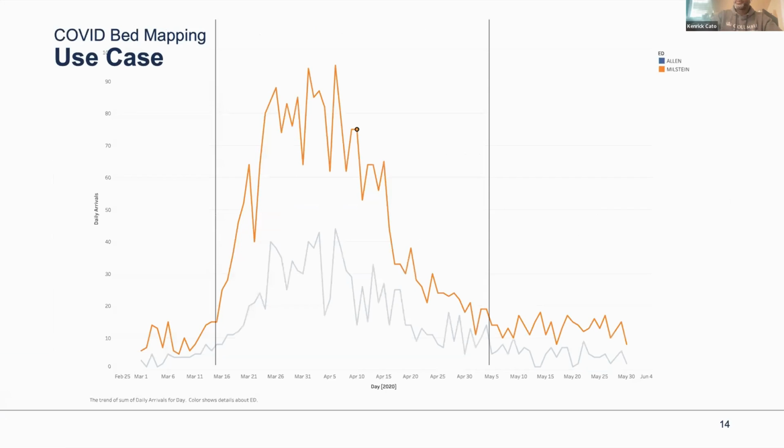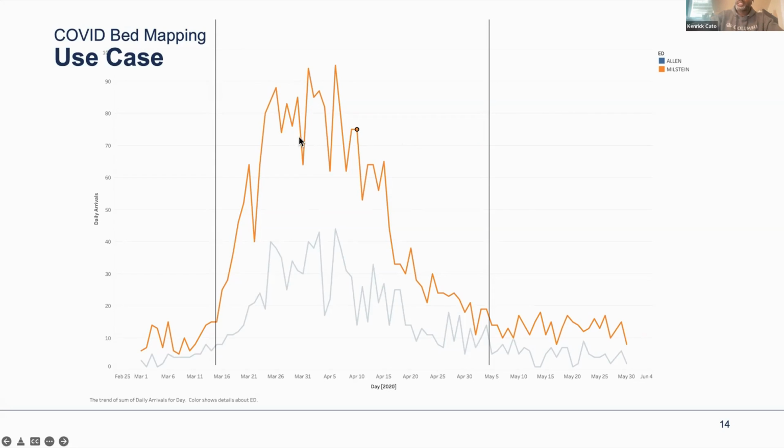So, shifting a little bit to COVID, you saw some graphs that showed the peak. This is a graph of the suspected COVID admissions in two of our emergency departments.